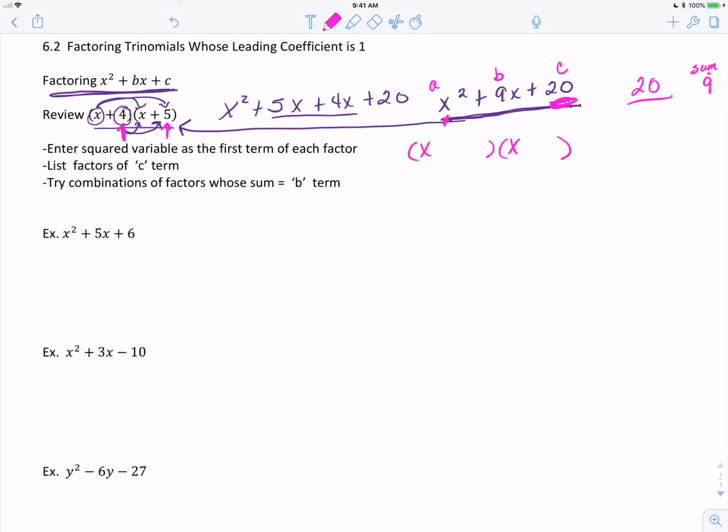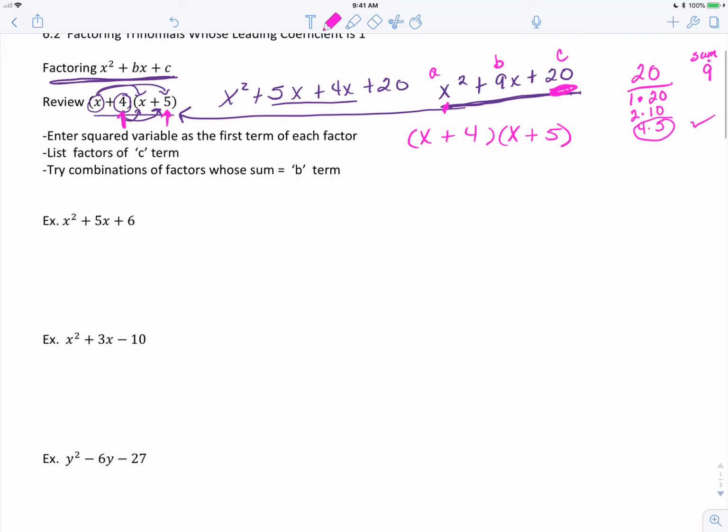Well, we already know in this case it's 4 times 5, but look what happens. If I list out all the factors, that's 1 times 20, 2 times 10, and 4 times 5. So 20 has several factors, but only one of those factors adds up to 9. So those have to be my factors that go in here.